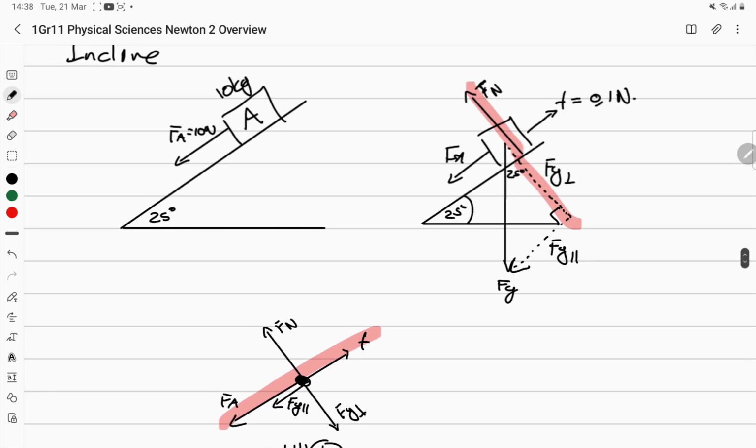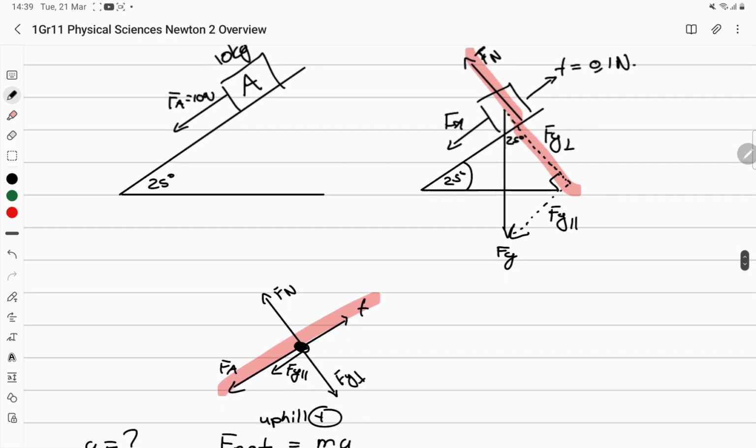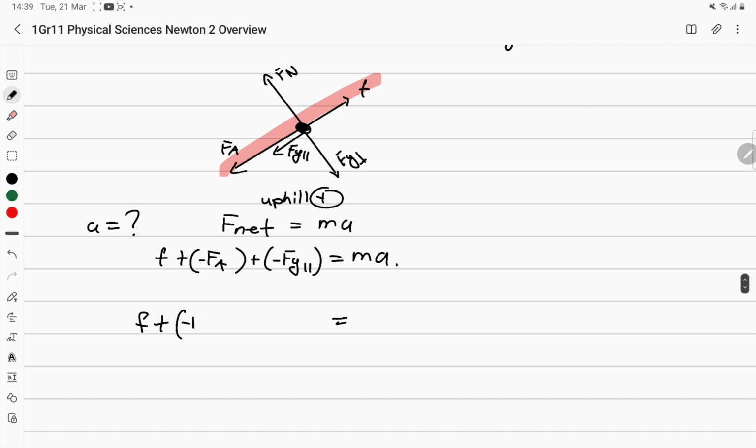We say the mass of this thing, yes. So let's just see what we can do here. Now the friction we said was 0.1, and the applied force we were given is 10. But we don't know what FG parallel is. We know the mass as well. We know what friction is. We know what the applied force is.